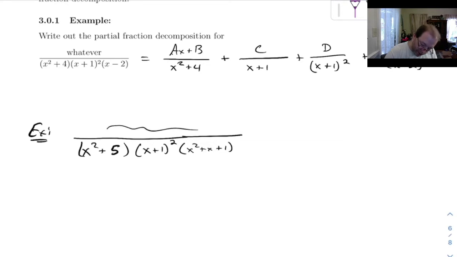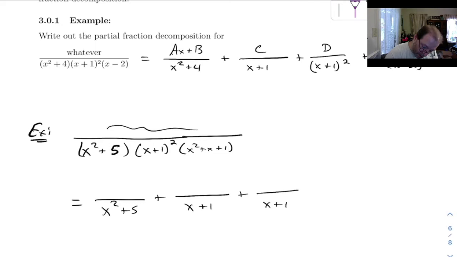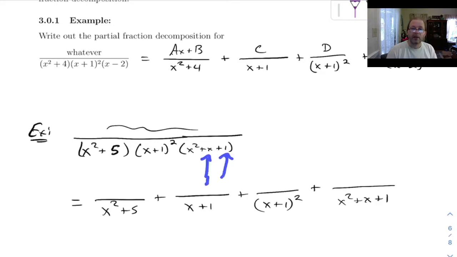Who cares what's up here? This would split into x squared plus 5. Then x plus 1 would have to show up twice, first power and the second. And this last one, you can't factor it. If you could, you'd have two numbers that would multiply out to 1 and add up to 1. So it's not factorable.